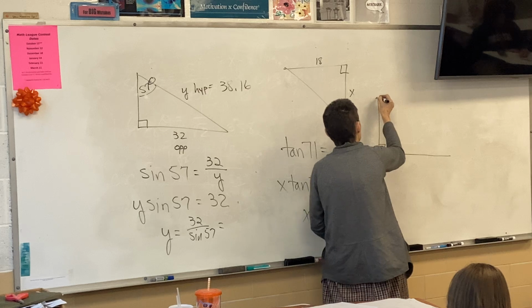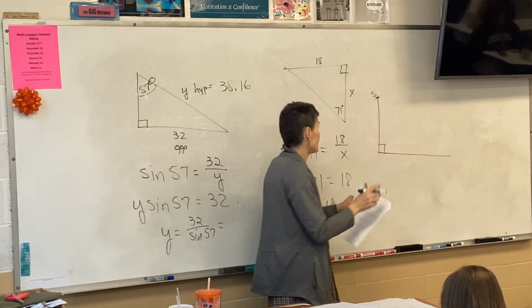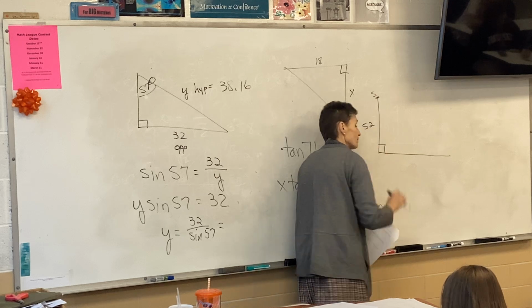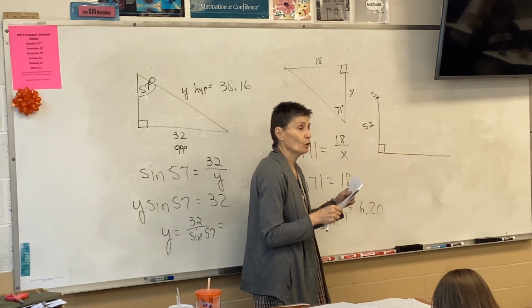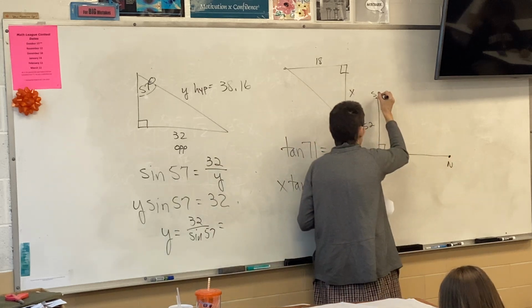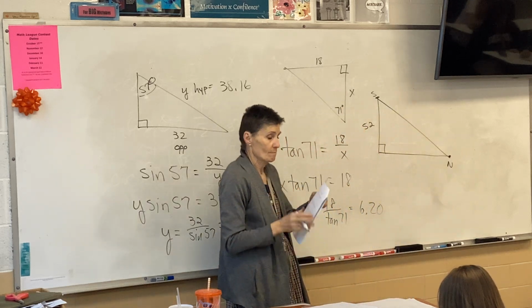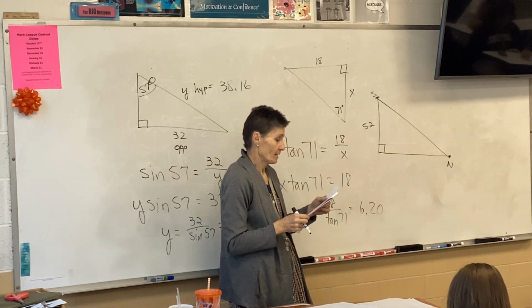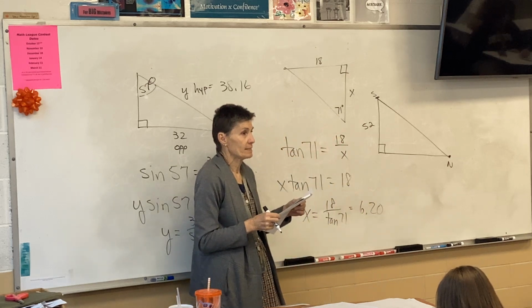Here's my squirrel sitting up here in the top of the tree. The tree is 52 feet tall. The squirrel is looking at a nut on the ground. His angle of depression is 23 degrees.